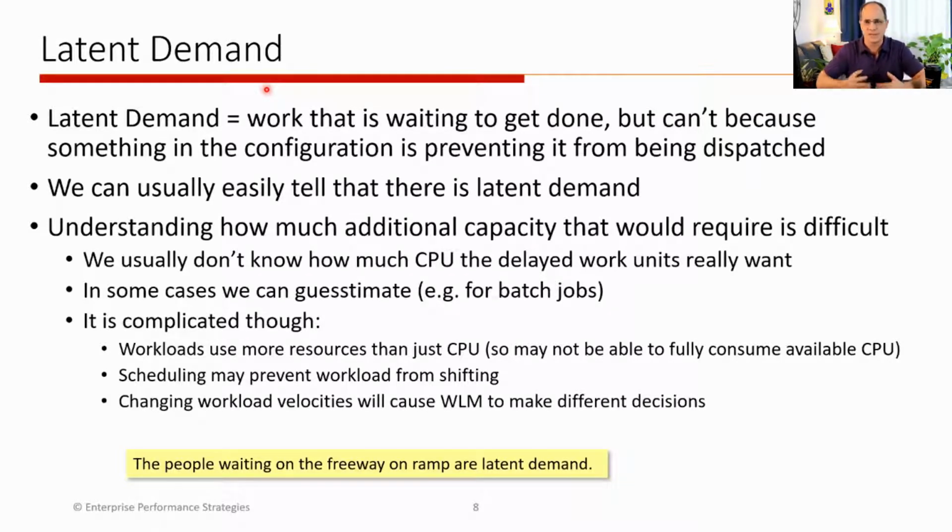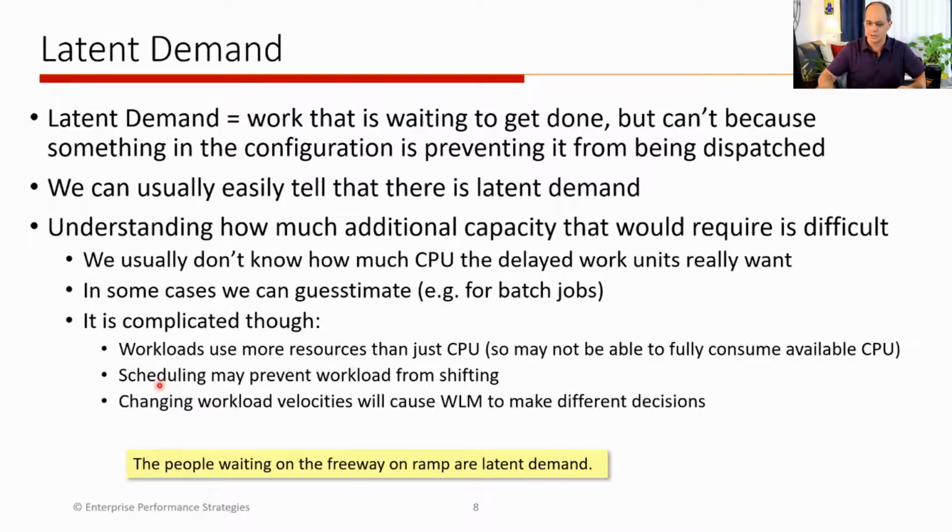But understand that there's other things like scheduling of work, the case where you might have jobs backing up because of scheduling requirements or the way the scheduler works, and things like that. As we always say, when you think about driving down the highway, if you're waiting on the ramp, trying to get onto the freeway, think of that as latent demand. You're not on the freeway driving, but you're waiting to get on the freeway.